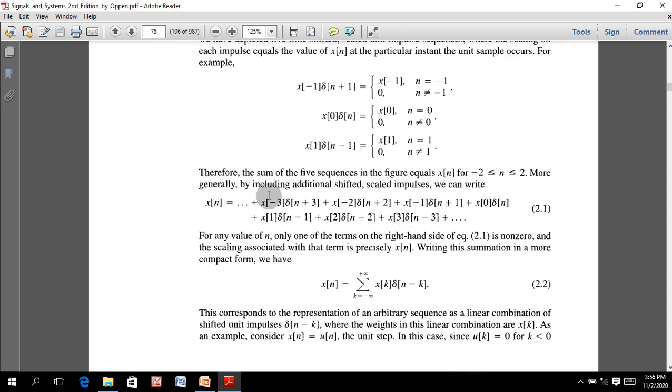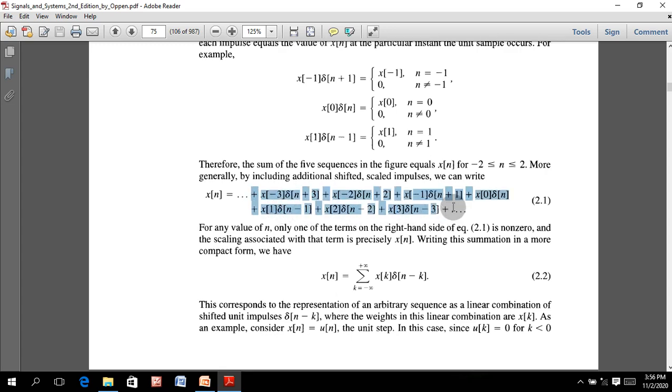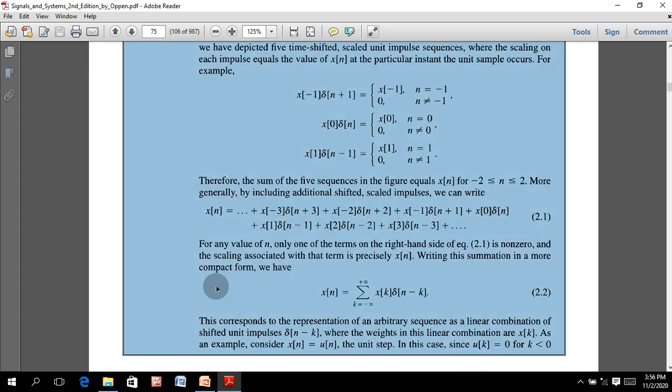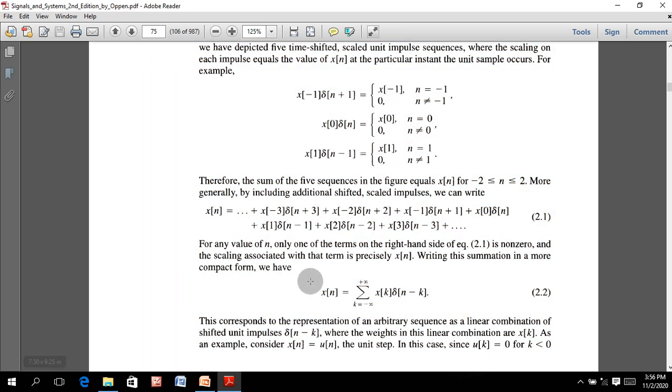Okay, so the whole format can be written this way: x of n is equal to the summation of x of k into del of n minus k, where the value of k will be between -infinity to +infinity.